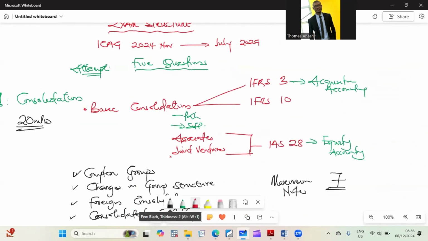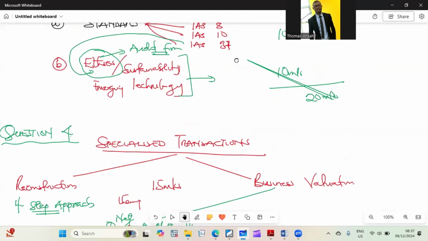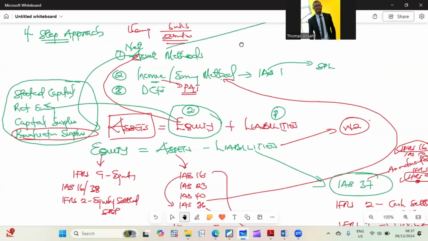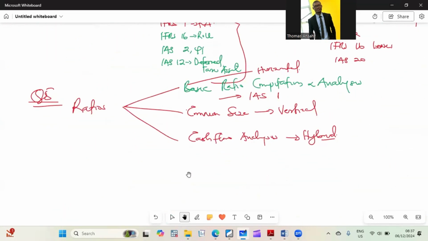So we have joint operations other than joint venture, which is IFRS 11. All right, that one too will be discussed there. Then you even have IFRS 12. It's also there as part of the consolidation. So you will have those theoretical things to discuss for the additional 5 marks to make your question 4 a 20-marker question.